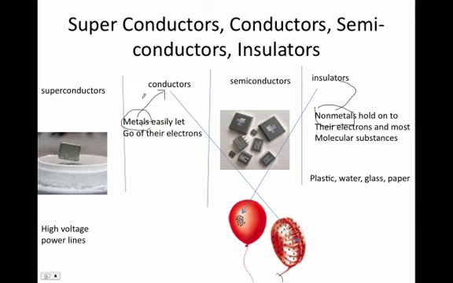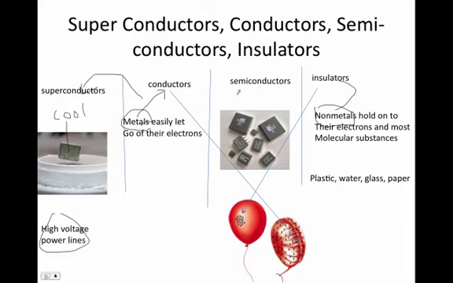But there's a couple other kinds that we want to talk about. Superconductors, which are used in high voltage power lines, what happens is we'll take a metal, which is a conductor, and if we supercool it, that means cool it down to a really low temperature, we can create a superconductor out of it.